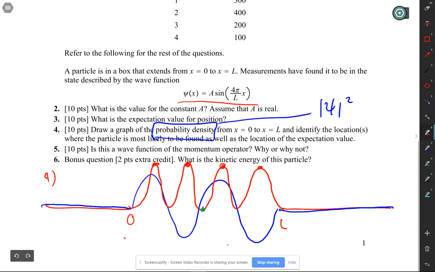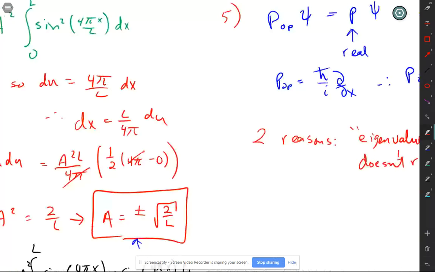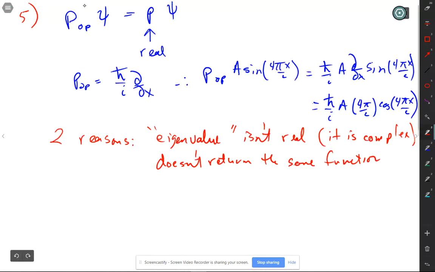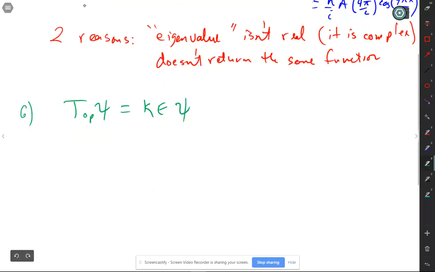Last, the bonus question: what's the kinetic energy of this particle? Well, using this relationship, we should have the kinetic energy operator acting on psi is equal to, and I'm going to put KE just for your comfort, times psi. And so the kinetic energy operator is minus h bar squared over 2m d second/dx squared of psi.